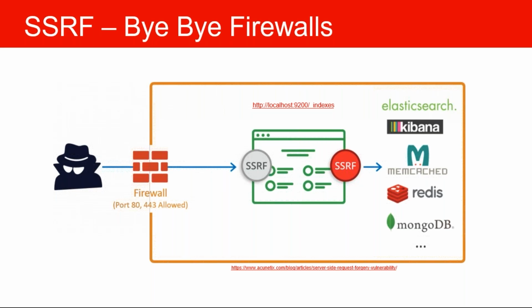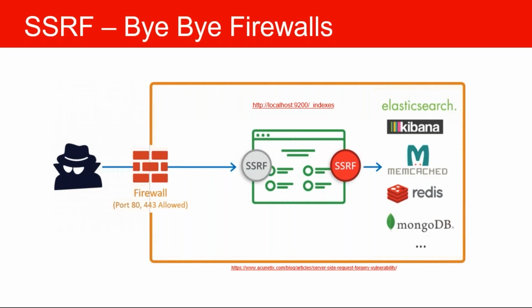The server, if it is not properly validating, will not know whether this particular request needs to be served or whether it is genuine or not. It will simply go ahead and request this resource, get the data, and show it back to the attacker or the person who has requested it.